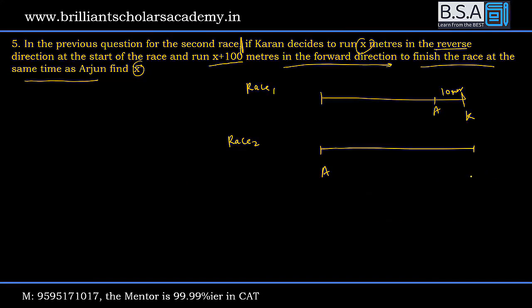Here, Karan runs in the reverse direction by x meters, and then runs forward x plus 100 meters, and they finish the race together. This is the question. Karan goes back by x meters and then comes forward by x plus 100 meters to finish the race together with Arjun.